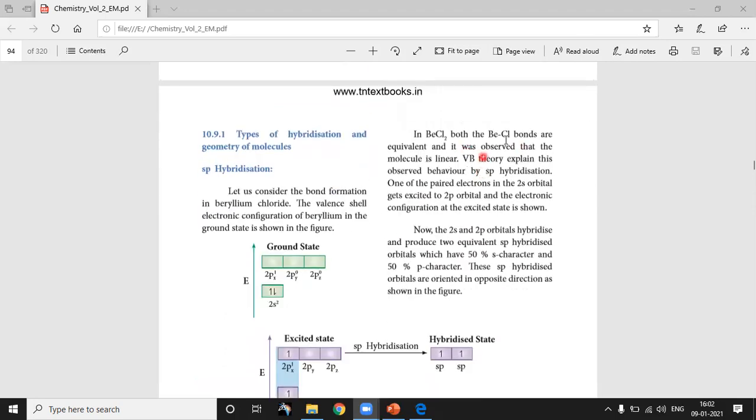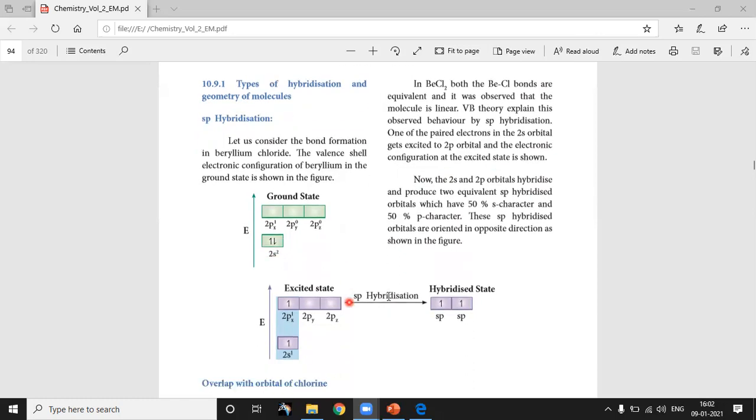See here in beryllium chloride they both will have the shape of linear. Okay, so based on the VB theory, that is the valence bond theory, we have to write the electronic configuration and then we have to predict the shape. Okay, see now here the 2s orbital and the 2p orbital will get hybridized and produce the sp orbital.